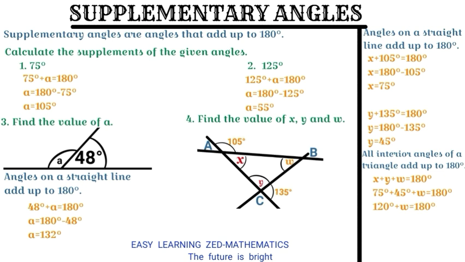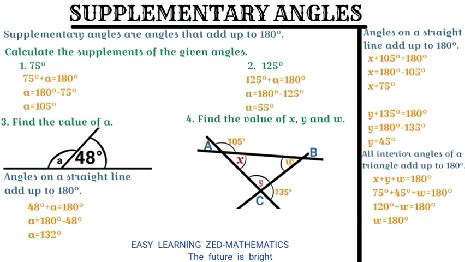Now at this stage, I'm going to put like terms together. As you can see, 120 degrees plus w cannot be added, so 120 degrees will cross the equal sign and go to the other side where there is 180 degrees. So w is equal to 180 minus 120 degrees, since it will become minus when it crosses the equal sign.